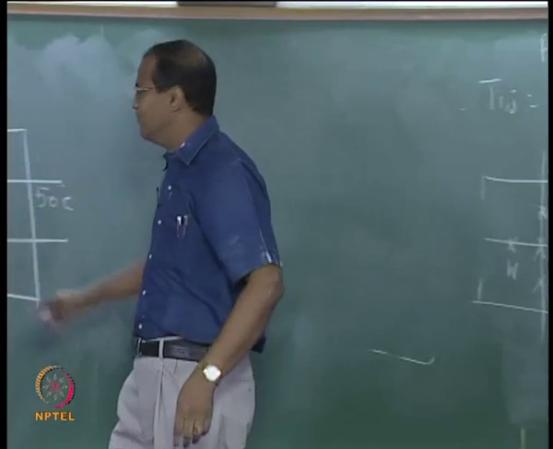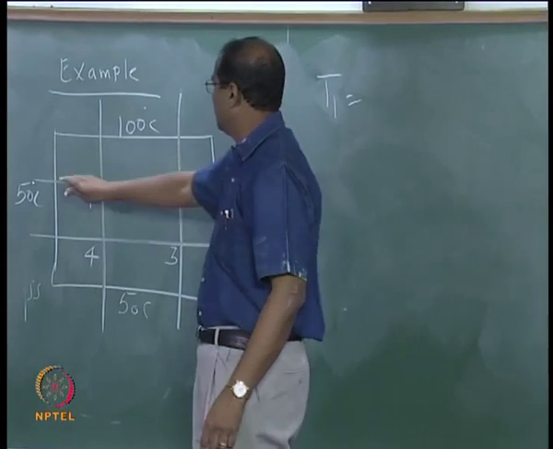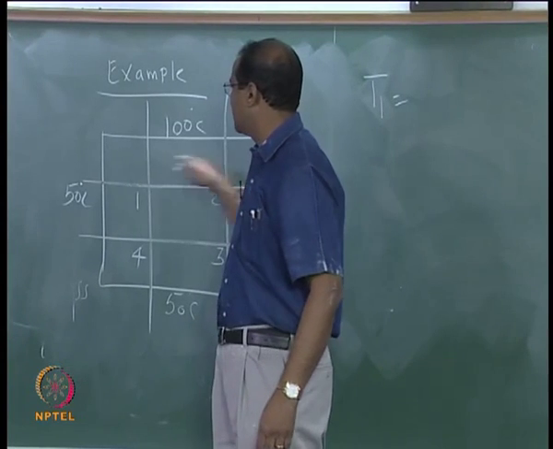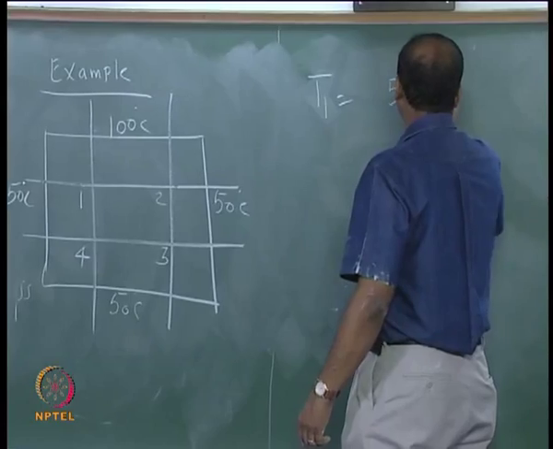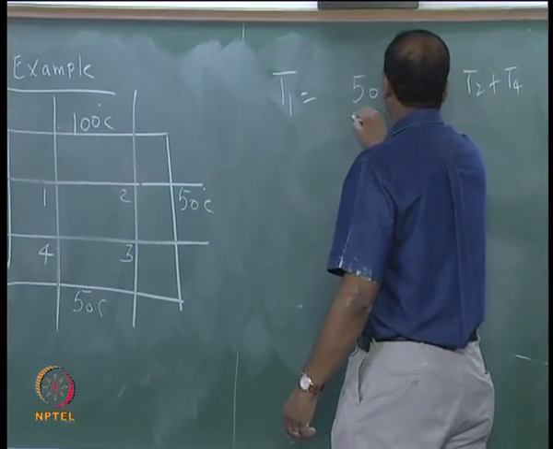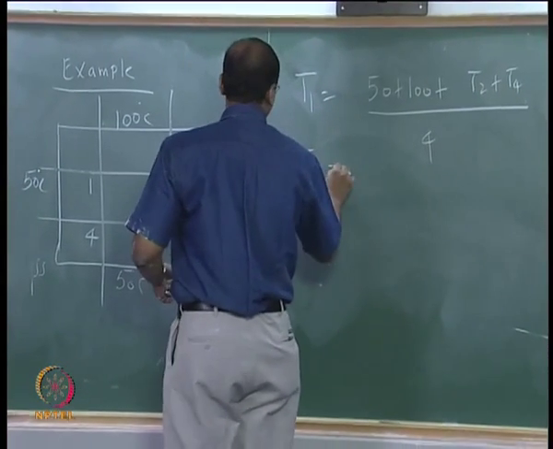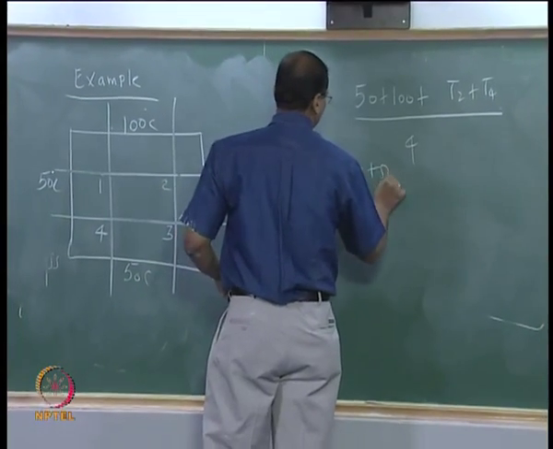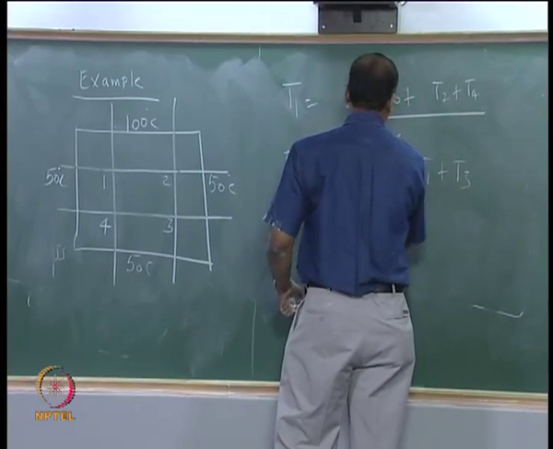I will write the finite difference for T1 first. T1 is east plus west plus north plus south, right. So T1 equals 50 plus 100 plus T2 plus T4 by 4, okay. T2 equals 100 plus 50 plus T1 plus T3 by 4.